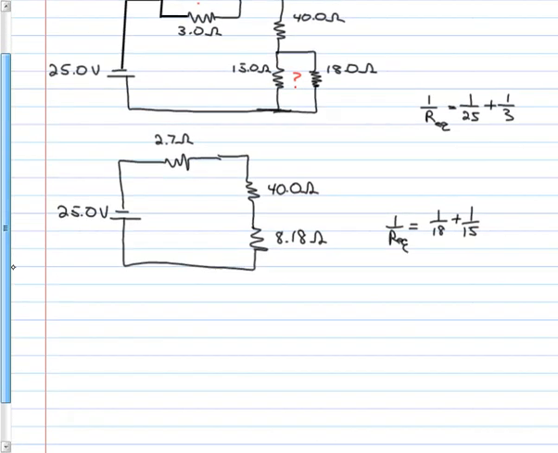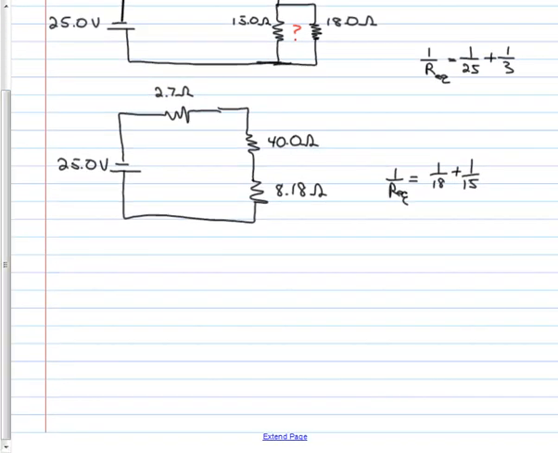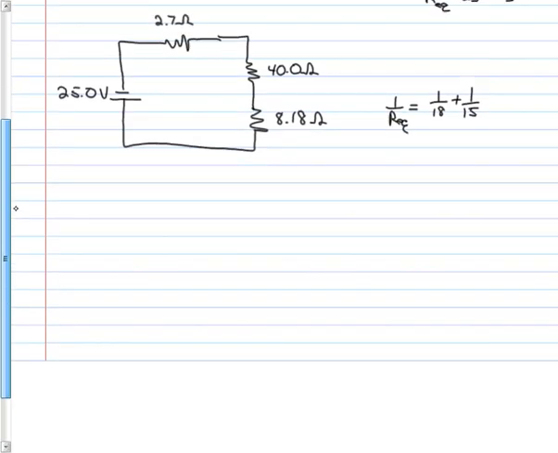So now we have it down to all three of these are in what type of circuit? Series. So what do I do to get the one equivalent resistor? Simply add them all up. So you tell me. 51, sorry.